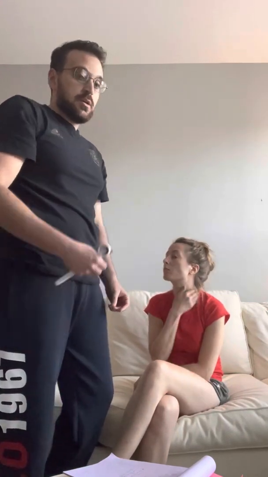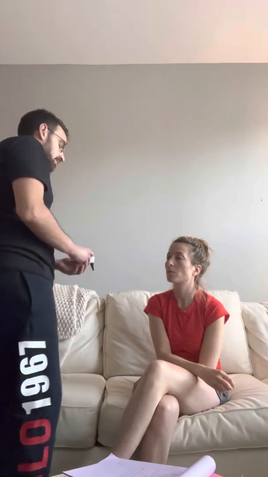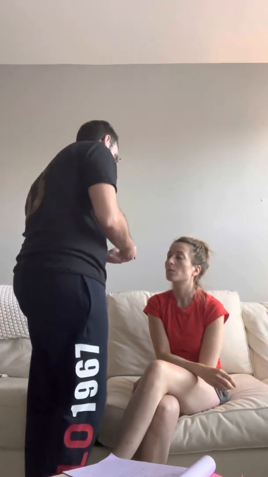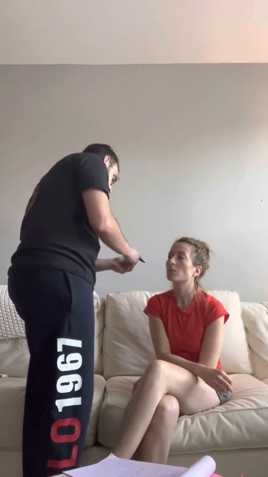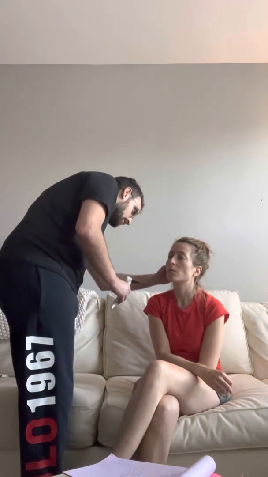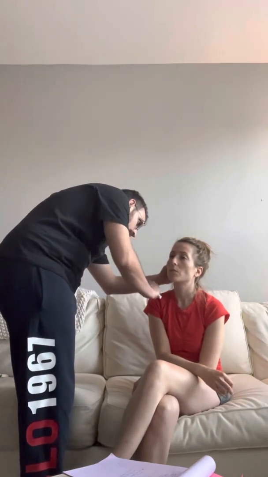consist of assessing the tympanic membrane and the ear canal for cerumen, any deformities, or any other signs of any infection or anything like that. So I'm going to pull the outer part of the auricle.